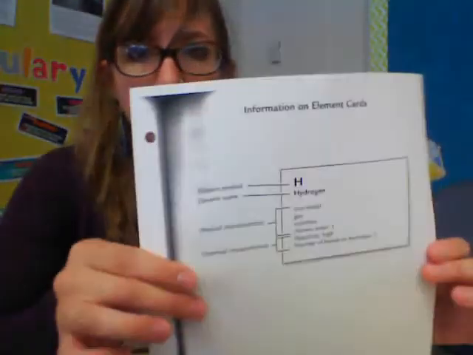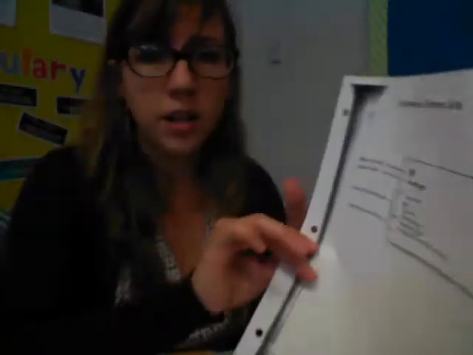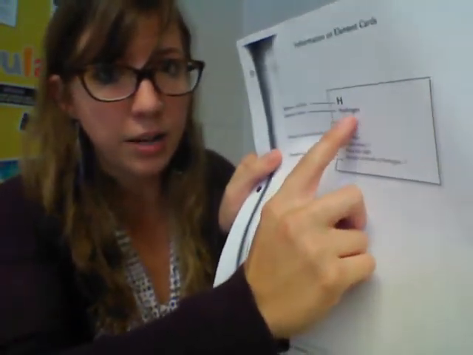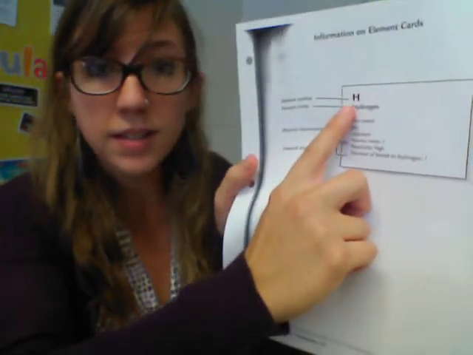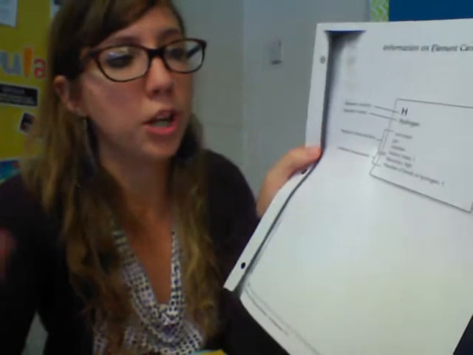Okay. The first thing that you're going to note is that you have a resource. You're going to be looking at different elements today, and you have this element information card. It tells you which pieces of information you're going to get on the cards. What does it mean? The element, it'll tell you right here. It'll say this is the element hydrogen, and H is the symbol or the letter that we use to show hydrogen.